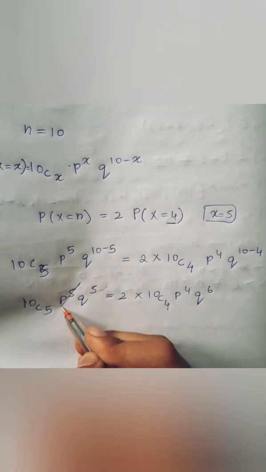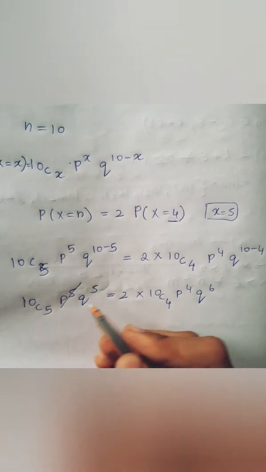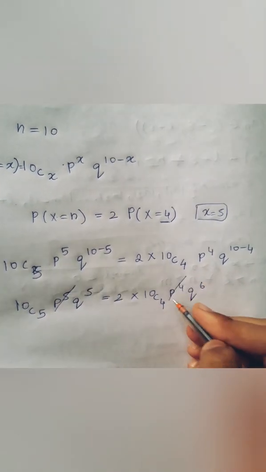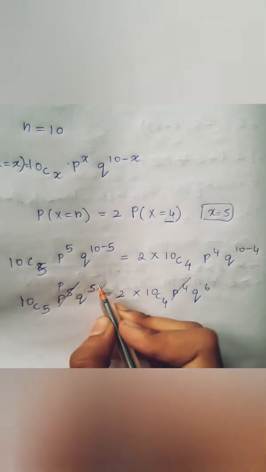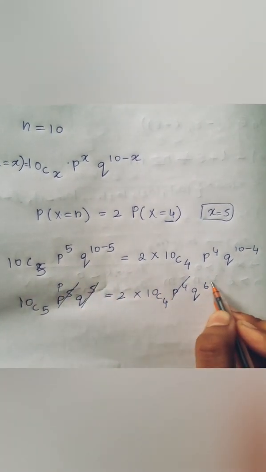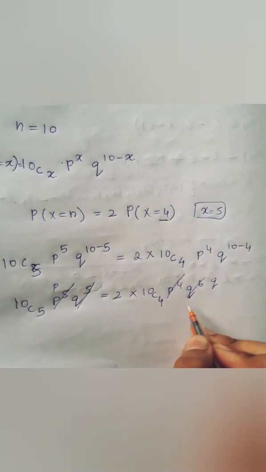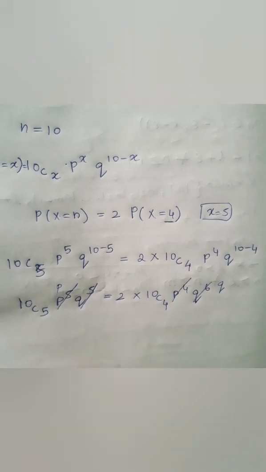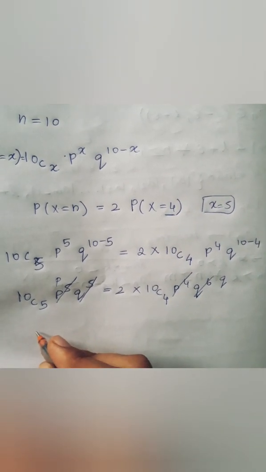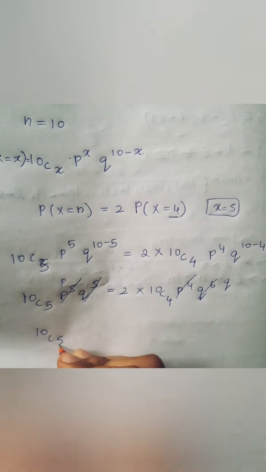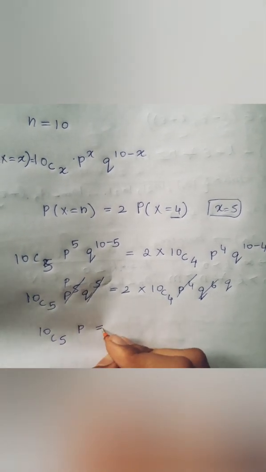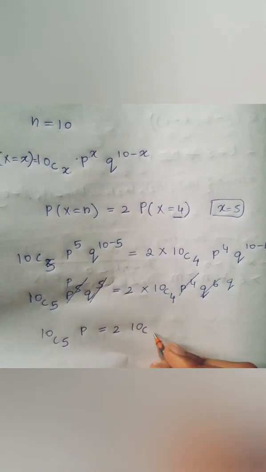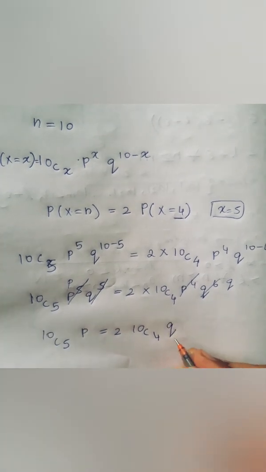Then we are cancelling on both sides. So the next will be 10C5 into p is equal to 2 into 10C4 into q.